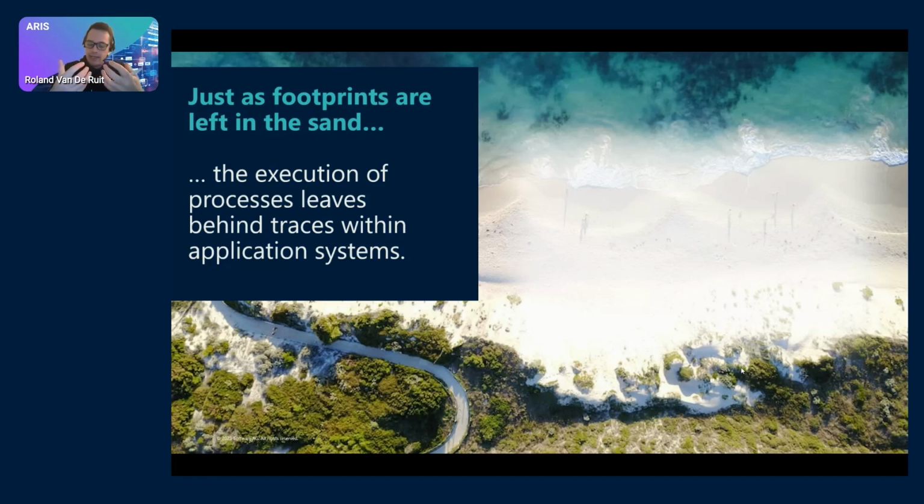Process mining is getting these traces, or as we also call them in the process mining world, events, out of these systems. And then it's about correlating those traces, those events that belong to a singular execution of the given process that you're analyzing.